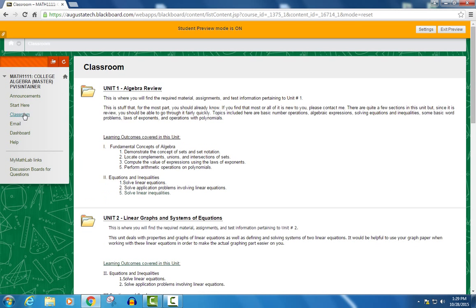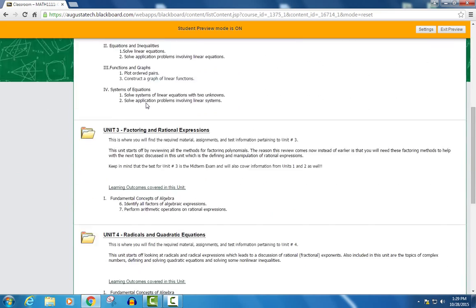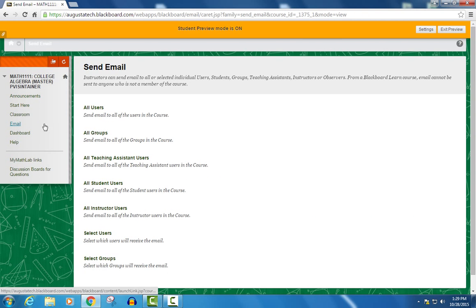And then there's the Classroom menu item, which talks about the actual different units and the assignments you're going to see there. There's also an email option where you can email different users in this class. I would rather you send me email via your smart web account, so you may not use this that much.